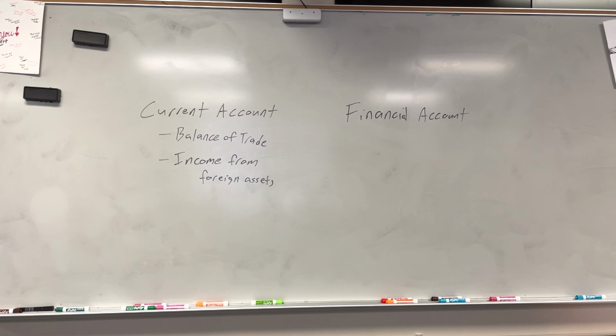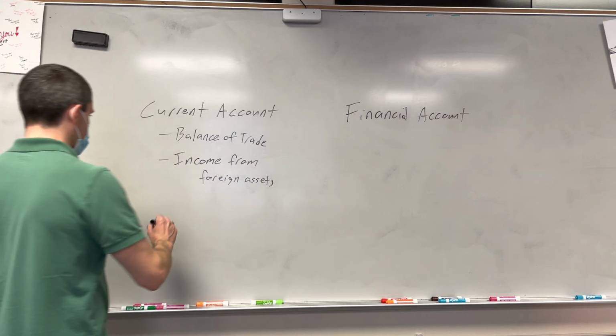Because that is income I'm receiving from assets abroad that is coming into the country. So any kind of income from foreign assets is going to be under the current account.